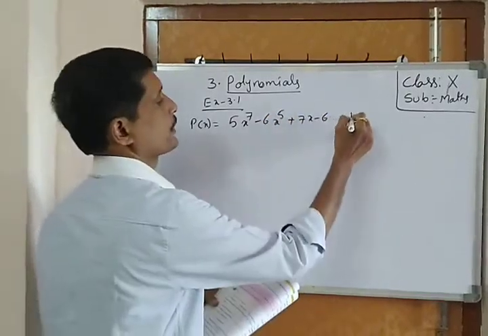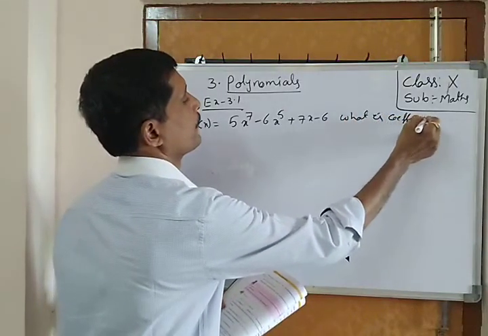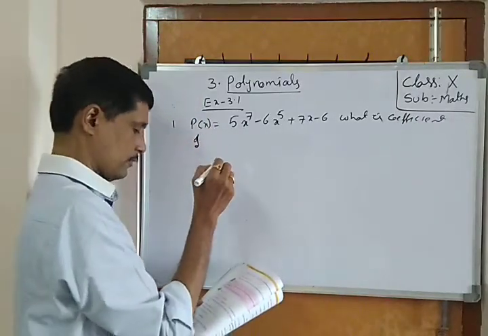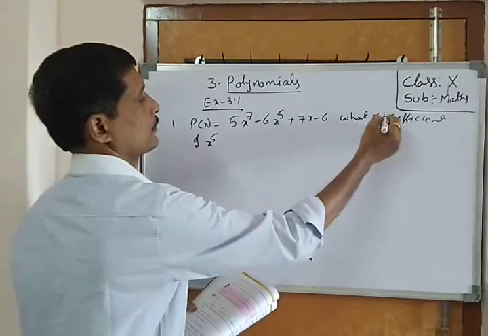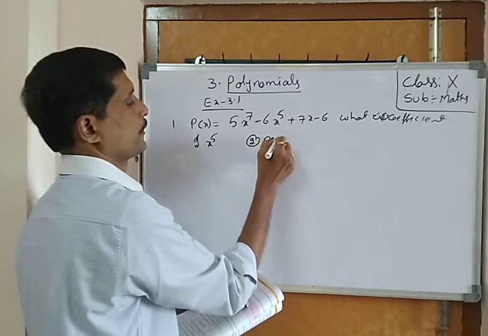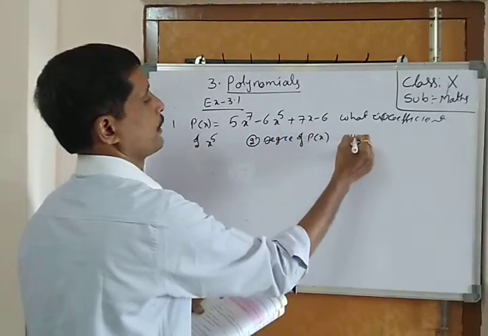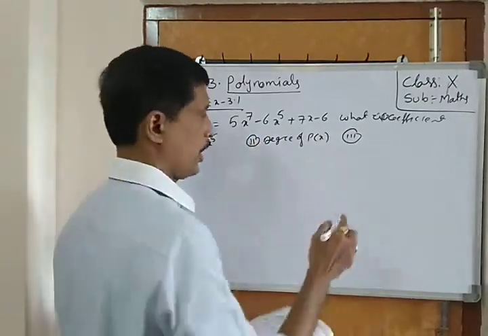What is the coefficient of x power 5? That is the first one. Next, the second one is the degree of p of x. Next, the third one, the constant term.